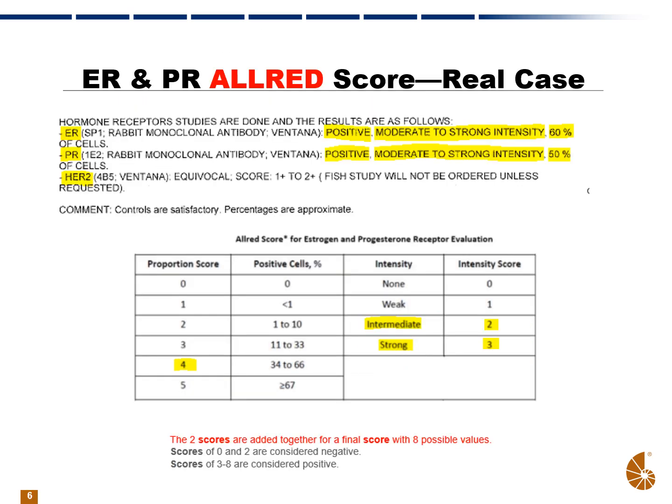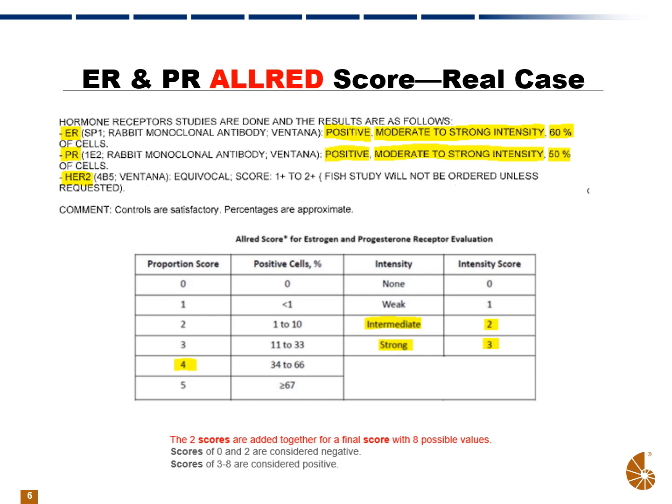So here's a real case regarding estrogen receptor and progesterone receptor Allred scores. And this came right out of a case. If you read the top portion, it says the hormone receptor studies are done and the results are as follows.